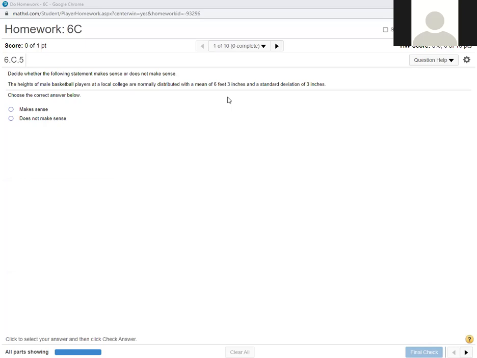So would that be possible? What they're saying is your mean is sitting here at 6.3 inches. The standard deviation is 3 inches.